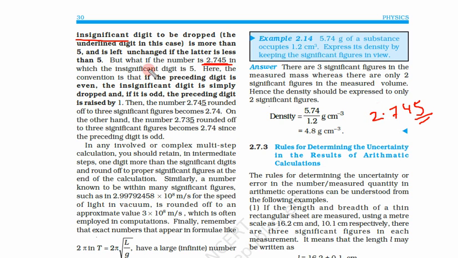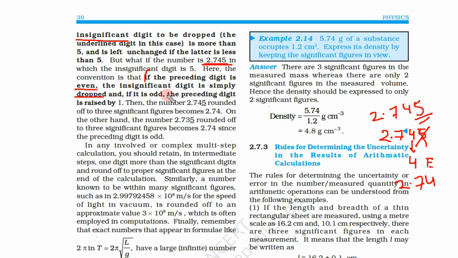So the rule is, if the preceding digit is even, the insignificant digit is simply dropped. Here we see 2.745. The digit just before it is 4, that means even. So we simply drop this digit. So this will be written as 2.74.